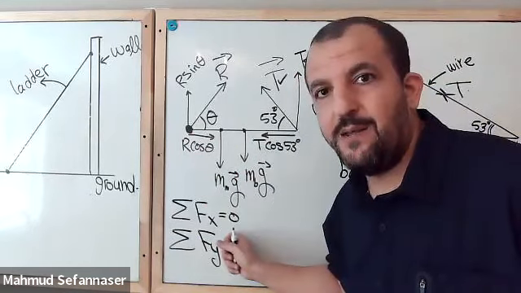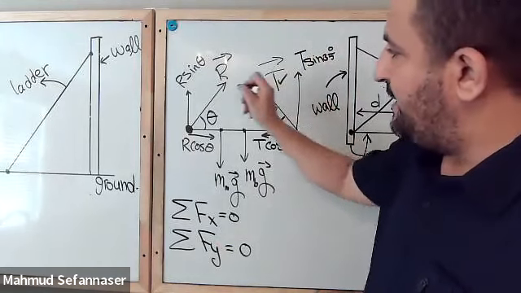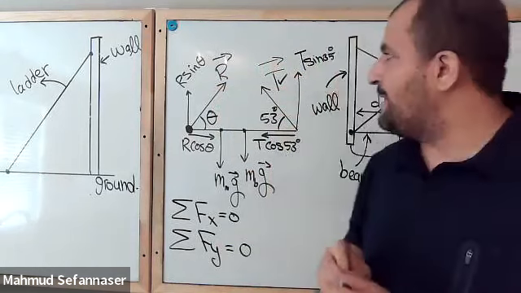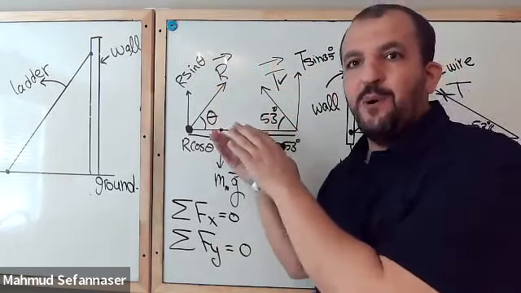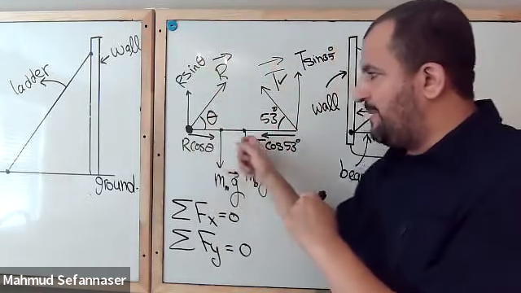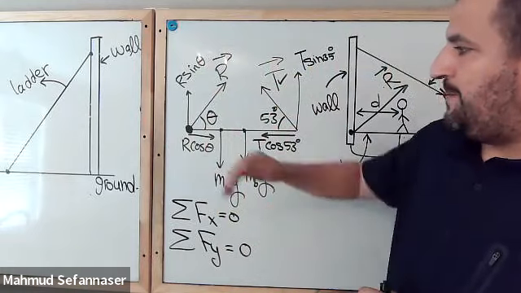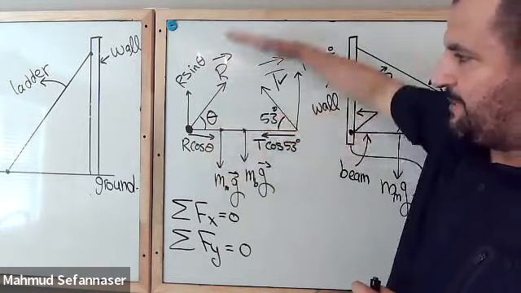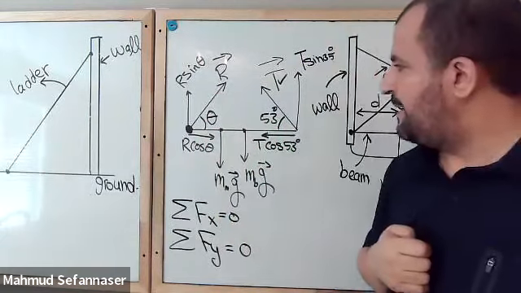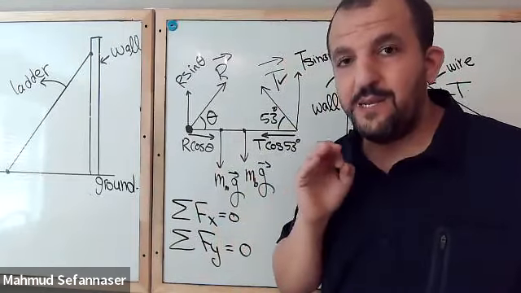Now we are using this idea from linear motion. If I look at this free body diagram, I can see that there are some forces going up and some going down, a force going in this direction and a force going in that direction. So we have y component forces and x component forces, and we need to respect the direction of these forces because force is a vector.